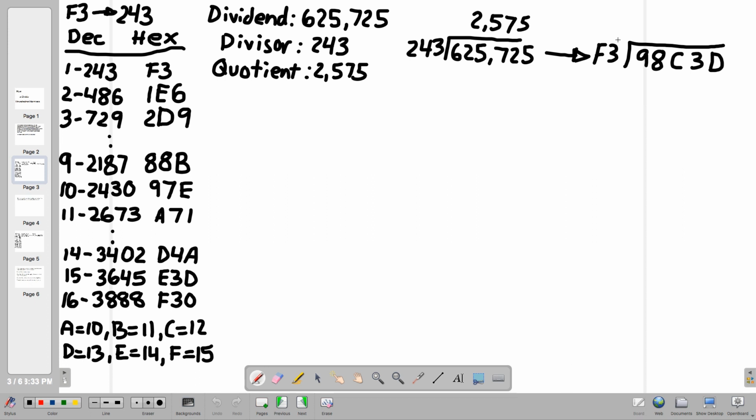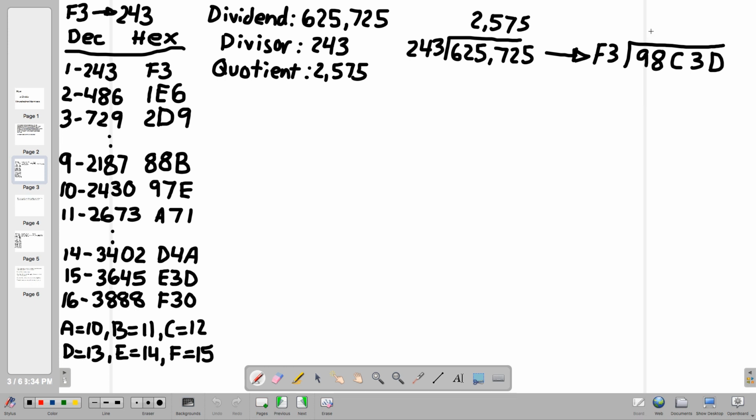So let's compute. Towards the right here, we're going to divide hexadecimal value F3 into our dividend 98C3D. You always start with the first digit in the dividend. It's a partial dividend at this point. So does F3 go into 9?